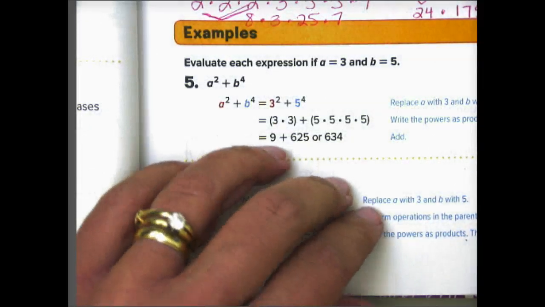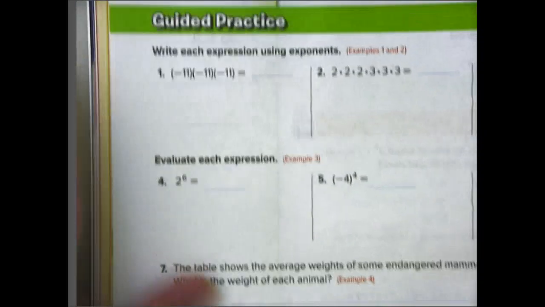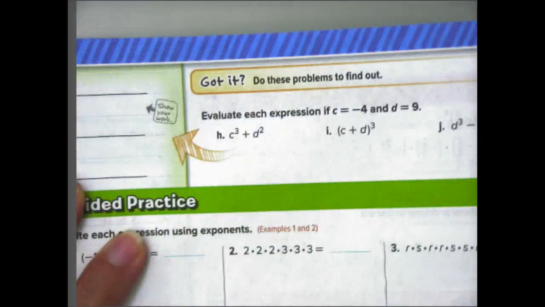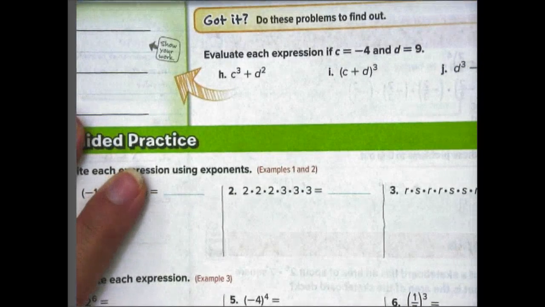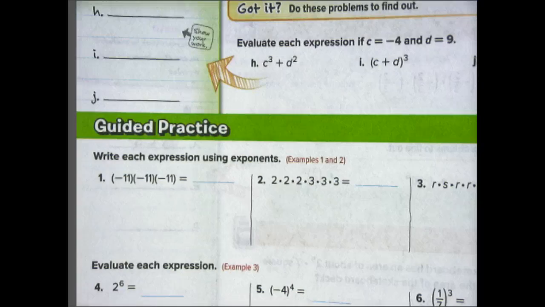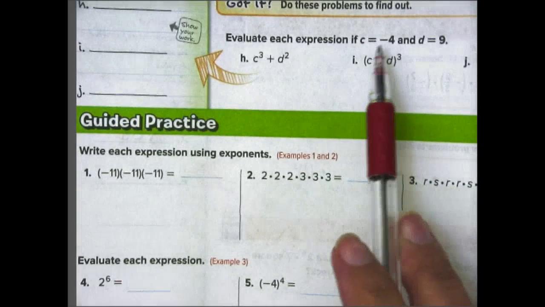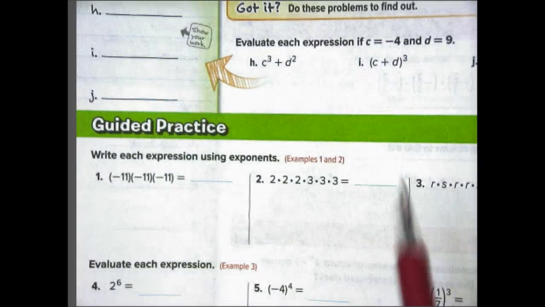Let's take a look at page 18. In example H, we have C to the 3rd power plus D to the 2nd power. It tells us that C is negative 4 and D is 9.